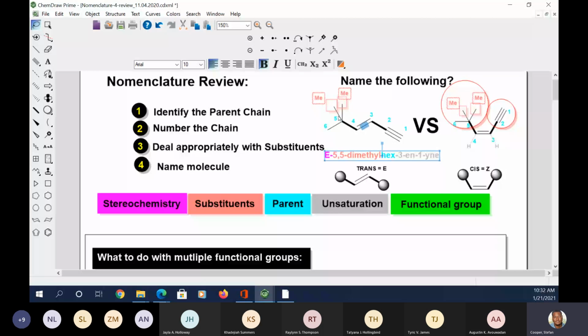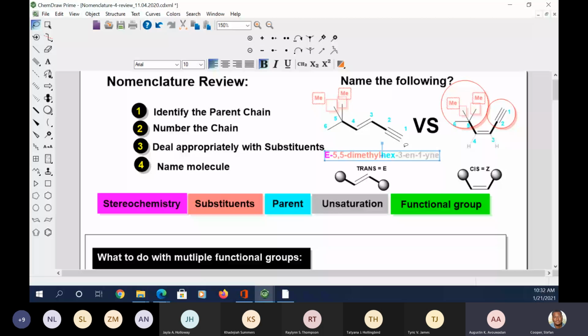There's no ester here. There's no carboxylic acid. It's just a triple bond or a double bond. So the triple bond will take predominance in the naming over the double bond. And if it was just a double bond, the ene would have an E at the end of it. Exactly. That's exactly right.